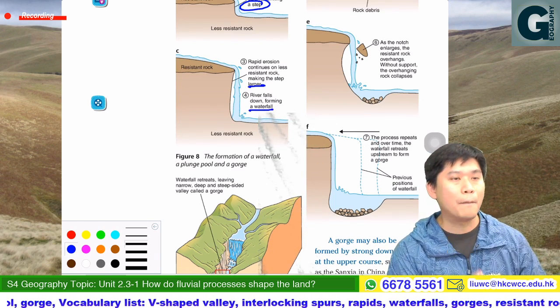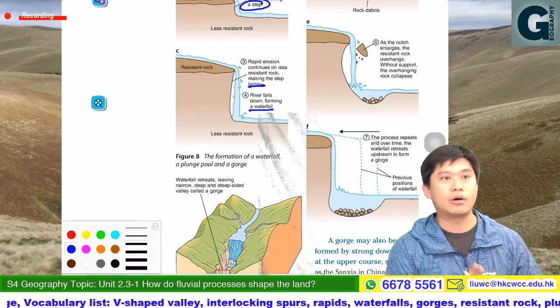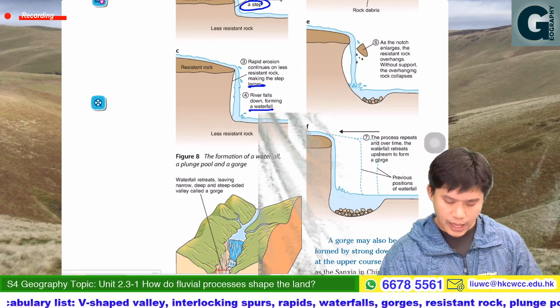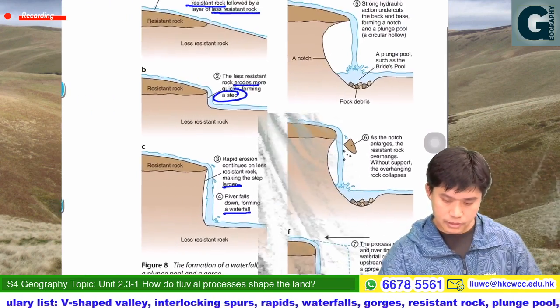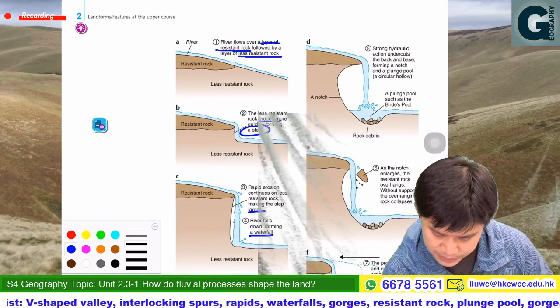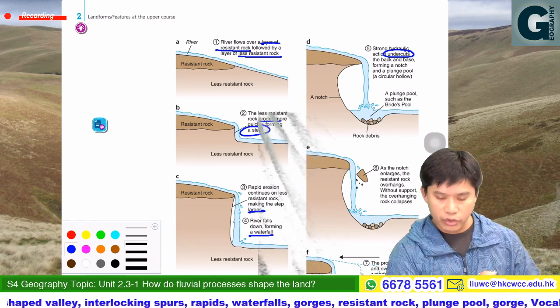Remember, you must mention the hydraulic action for that one. And then after that, strong hydraulic action undercuts the back and the base, forming a notch.